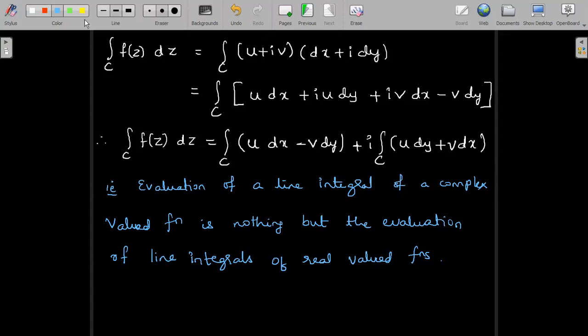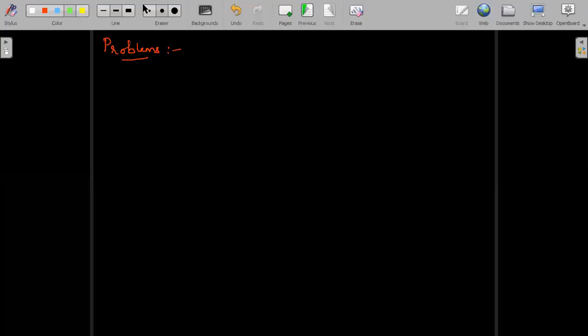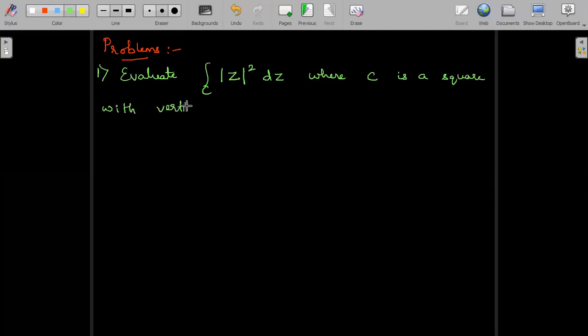So now we can see problems. First problem: evaluate the integral over C of mod z the whole square dz, where C is a square with vertices (0,0), (1,0), (1,1) and (0,1).